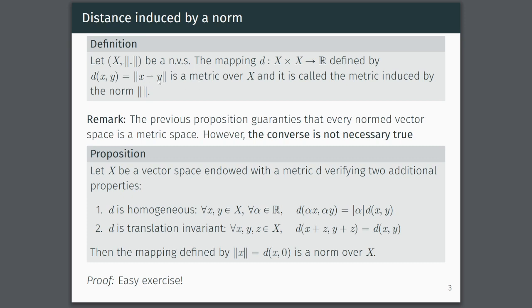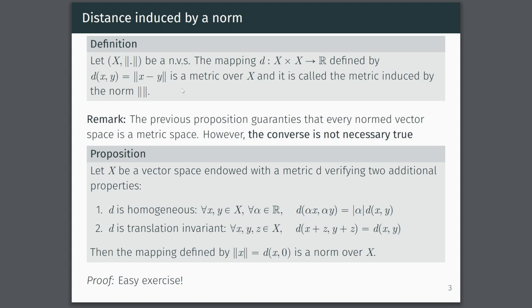The question that asks itself, and I think I mentioned that earlier in some lecture, is: if you have a distance, can you get a norm? And the answer is that not always, right? So there are going to be metrics. I think the discrete metric is probably the best example. You can test it for yourself, by the way. Try to see if the discrete metric gives rise to a norm.